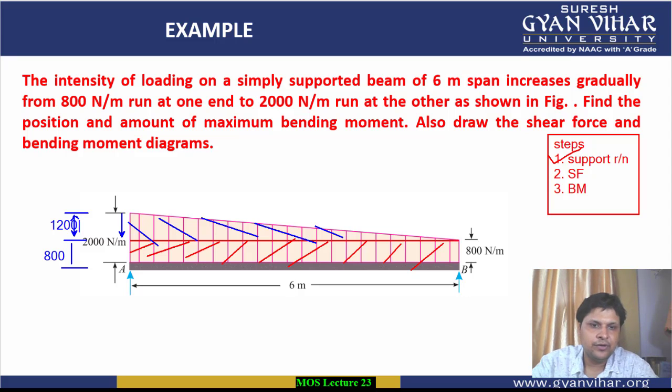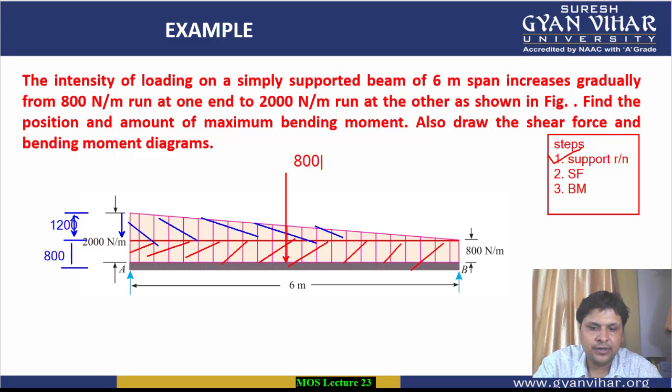All right, UDL will be considered as a point load at its center of gravity. Center of gravity of UDL will be considered at the center of its section. Here we will consider the value of its UDL point load. And how much will be the point load? 800 Newton per meter is the UDL.